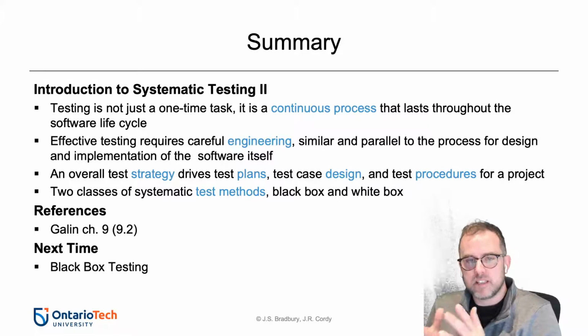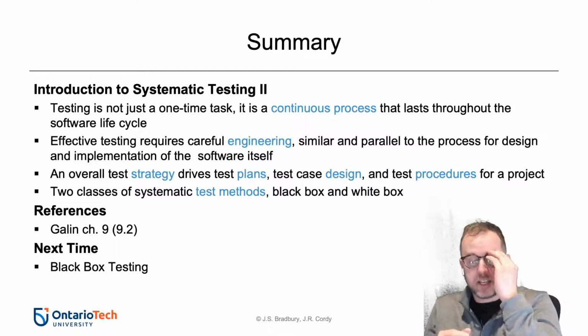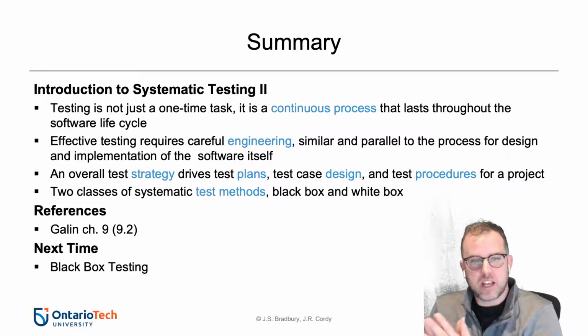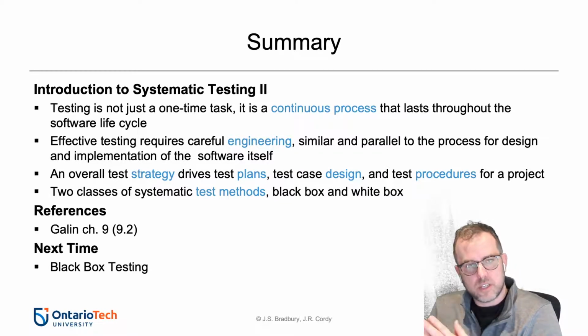They rely on the specification, the requirements document, to design the test cases. White box methods, on the other hand, rely on knowledge about the source code and insights about how it's implemented to help design test cases. So they're 2 different approaches.